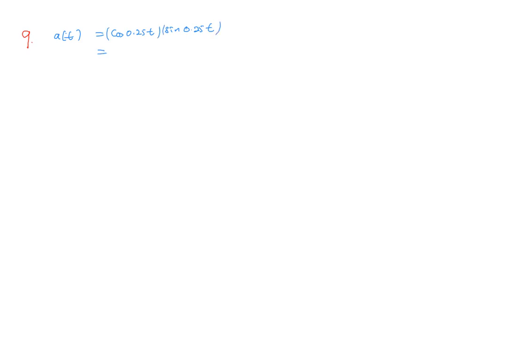So this is half sin 2 times 0.25t. Correct? So this is the double angle formula: 2 sin x cos x is sin 2x. So I make the acceleration become sin 0.5t. So double angle formula is very important.